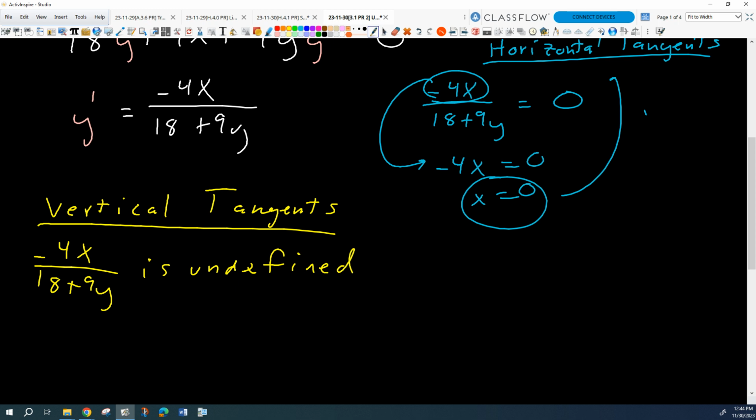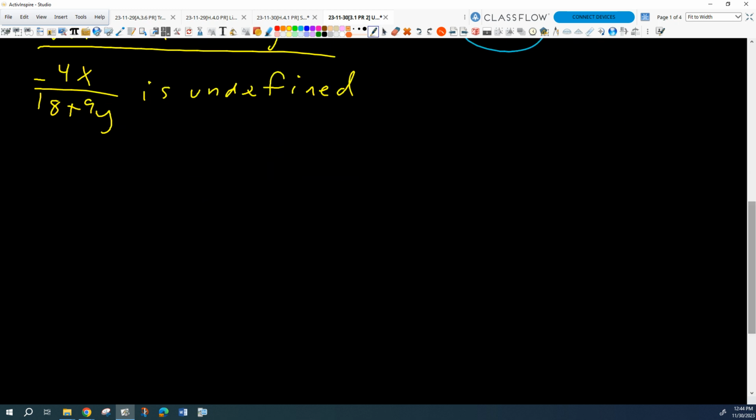We want our derivative to be undefined. Where is a fraction undefined? When we have a vertical line, we said that has an undefined slope. What's going to cause this ratio to be undefined?